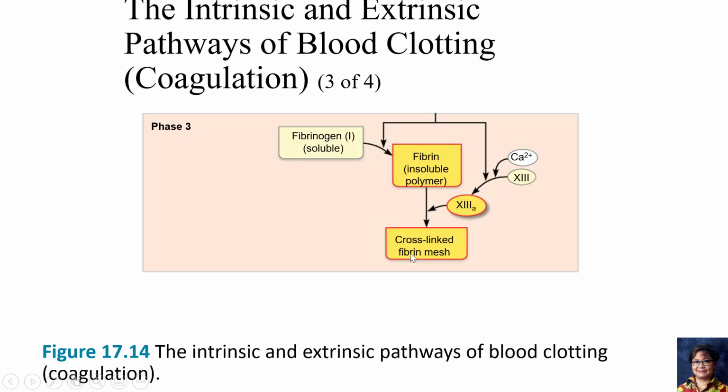After being converted, thrombin will now act on the fibrinogen, which is the soluble fiber in the plasma, converting the fibrinogen to fibrin, which is an insoluble polymer, and altogether it forms the fibrin clot.